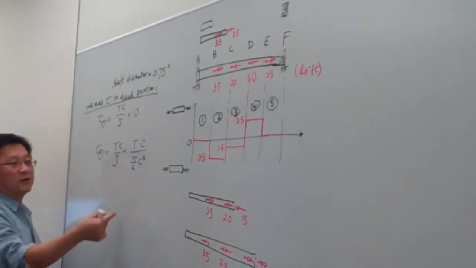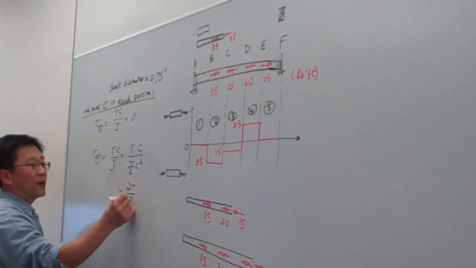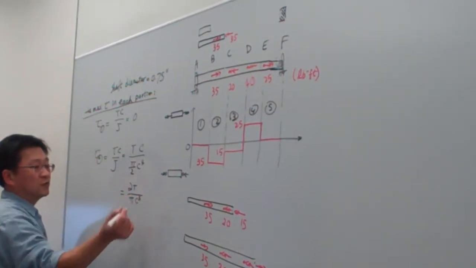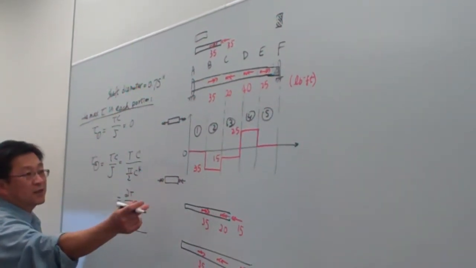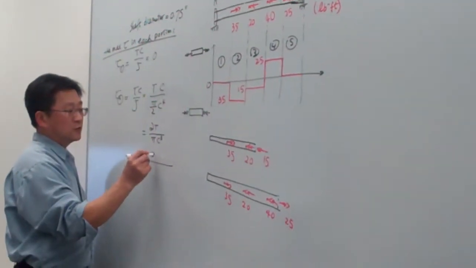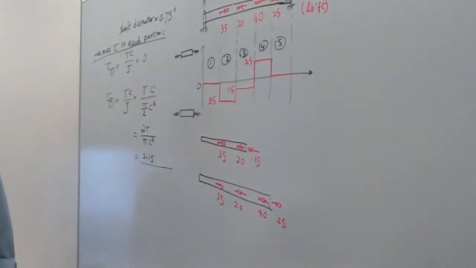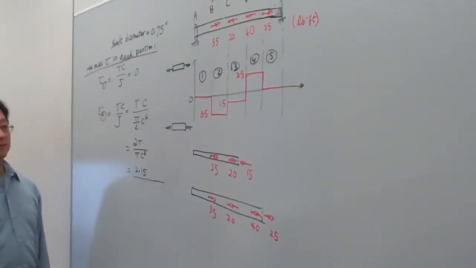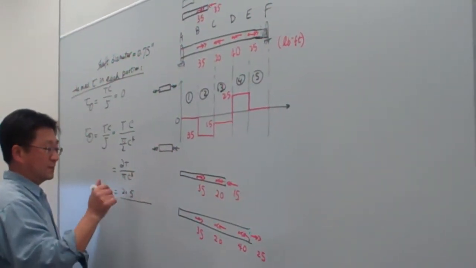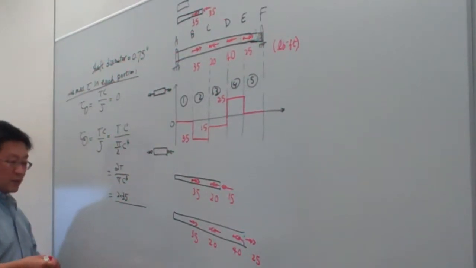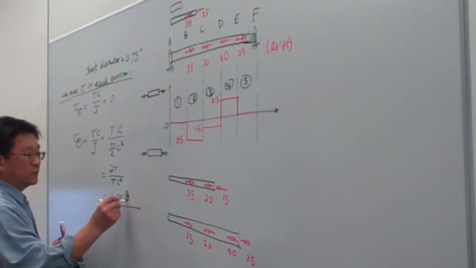So before we do the calculation, we can simplify this a little bit. So that is 2T divided by pi C to the cube. So we plug in the numbers here. The torque in the second segment is 35. 2 times 35 pound-feet.